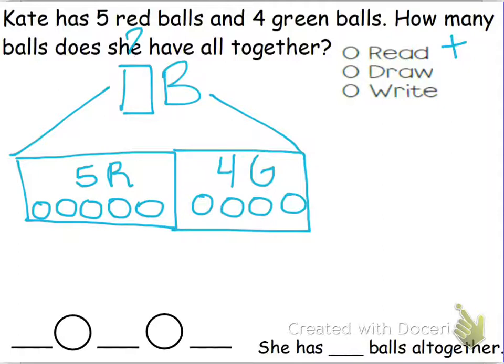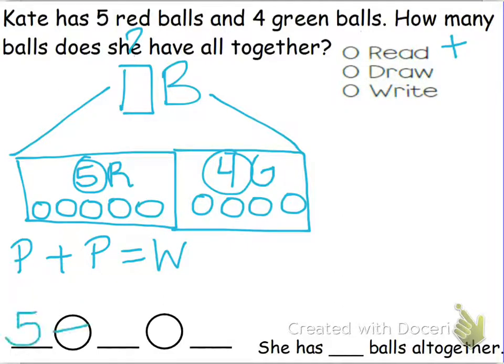So, looking at this, we know that whenever we're adding, it can be our part plus our other part equals our whole. Okay? So that's what we're going to have over here. So we're going to have our 2 parts, which we know is 5 and 4.